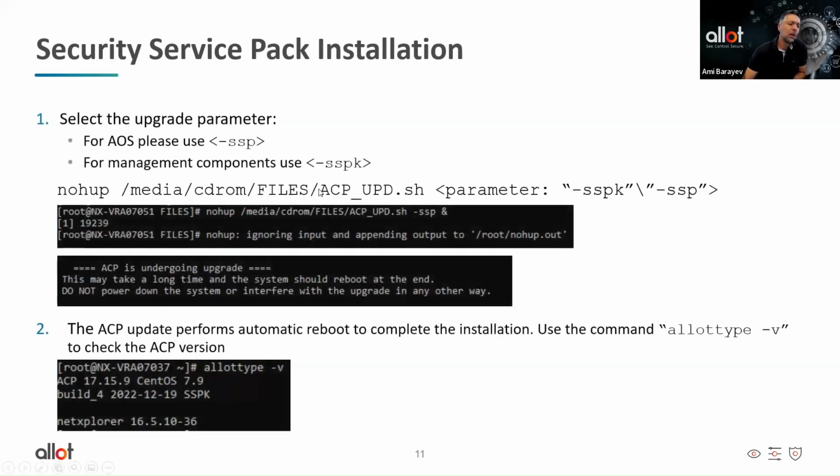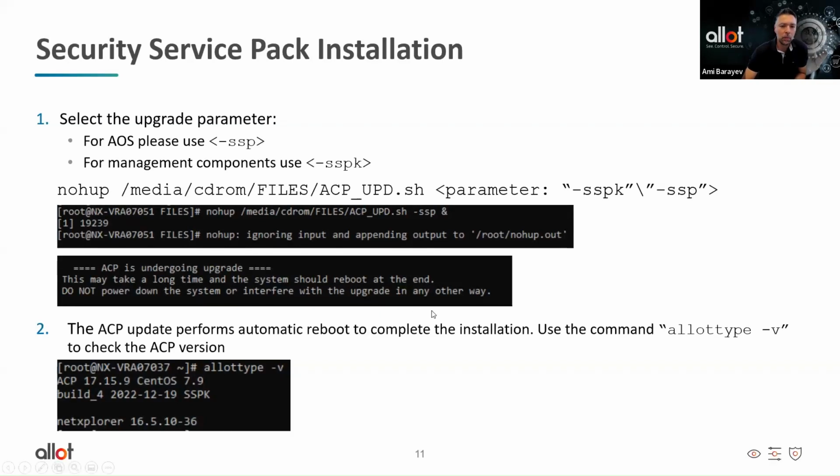and then there is something that I want to emphasize: there is a differentiation between performing the ACP upgrade on management components, and for the AOS, for the platforms or the SGVE part. The main difference is that for the management component, we are upgrading all of the packages and all the libraries that are available.